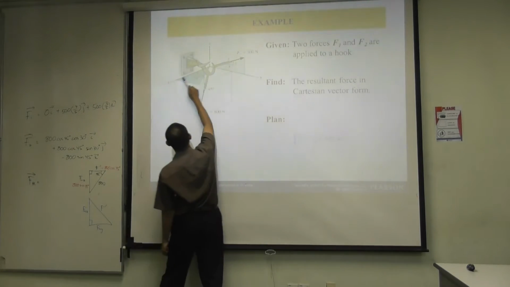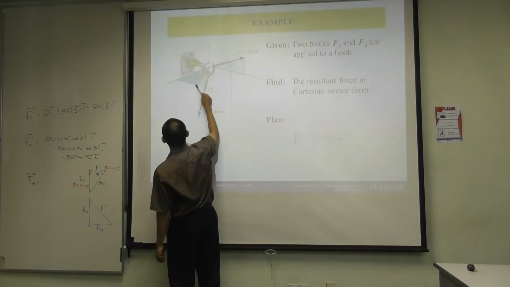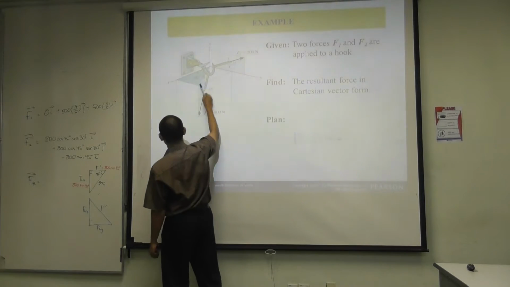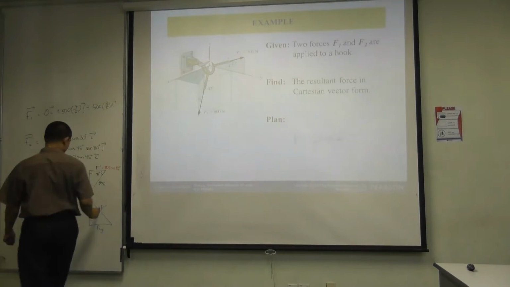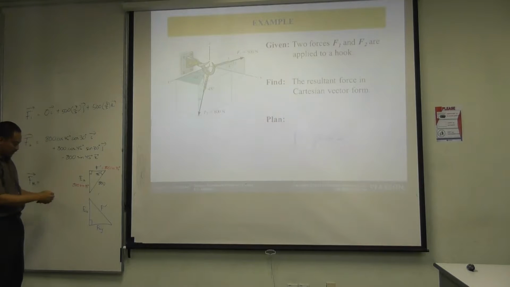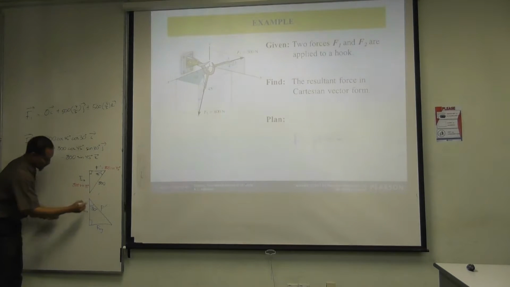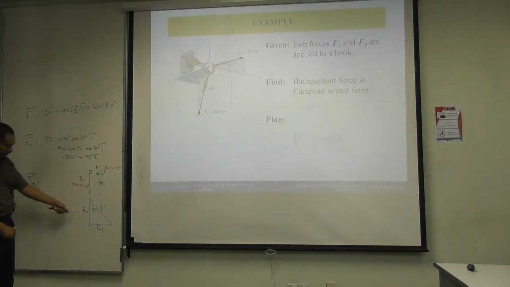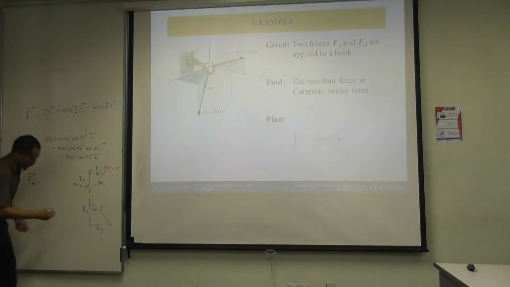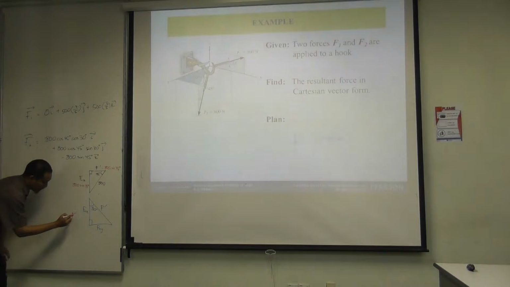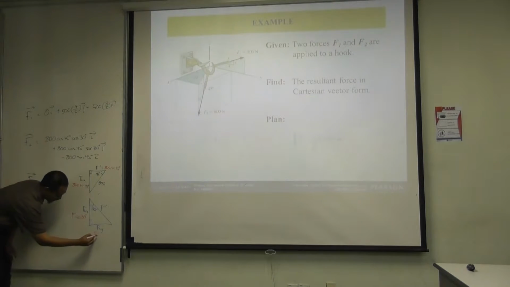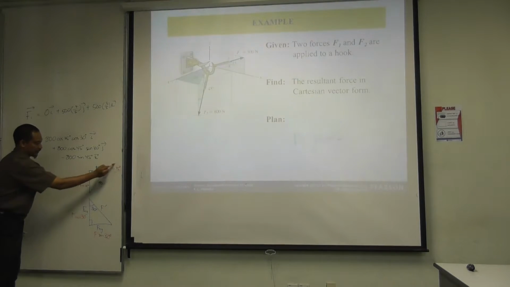This is X, this is Y. The hypotenuse is basically the same as F prime here, and the angle is 30. From this triangle, can you express F2X? It's F prime cos 30, F prime sin 30, right? And F prime you already know, you can plug in.